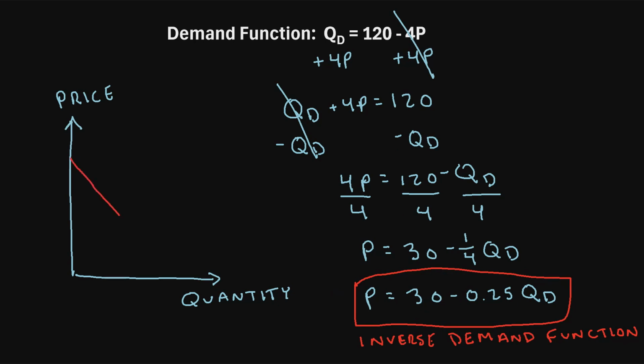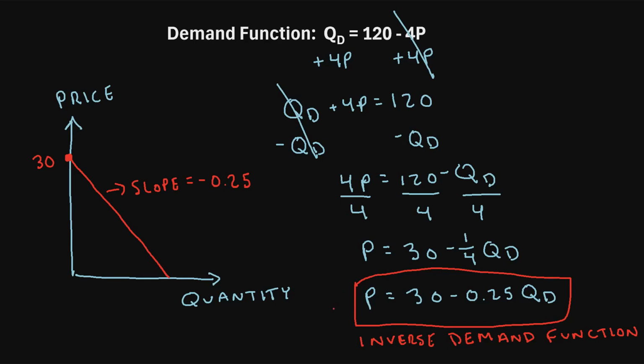So when we go to graph the demand function, let's say it looks something like this, the y-intercept right here, that would be 30 for this particular demand function. And the slope of this line is negative 0.25. So the line that we actually graph when we're graphing the demand function, it's represented by this equation, the inverse demand function, where price is our y variable and quantity demanded is our x variable.